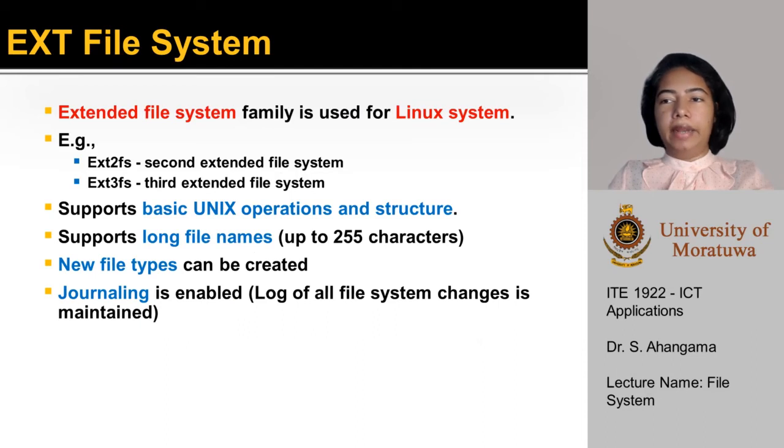Aside from that, the ext file system is used in Linux systems. It supports basic Unix operations and structure. For example, there are versions like ext2fs, that is second extended file system, and ext3fs, that is third extended file system.